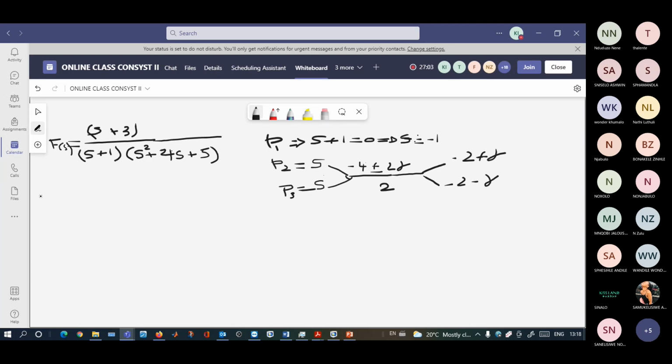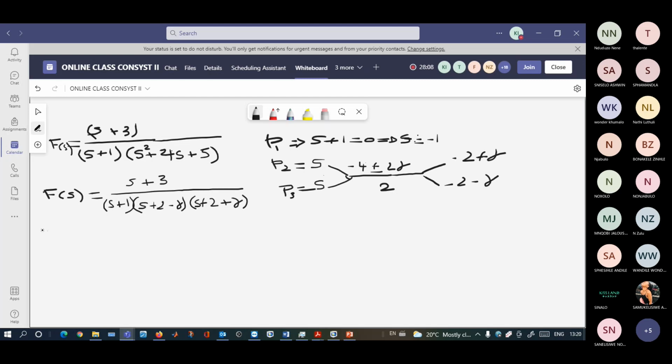So now we can write our function F of s again, which is equal to (s plus 3) over (s plus 1), the bracket, then we're gonna have (s plus 2 minus j), then (s plus 2 plus j).